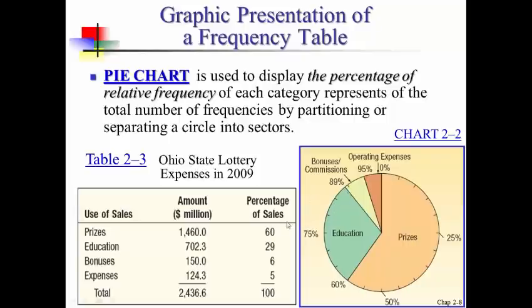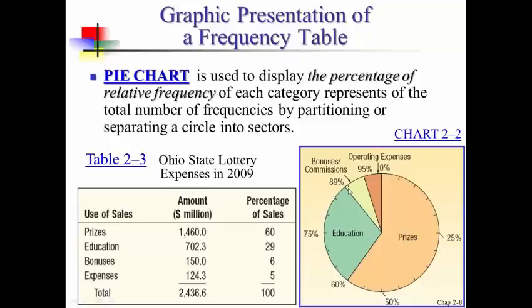But no, we don't get 90, so it's a little bit lower than this one. This is 29. How about the total? 60 plus 29 is 89, not 90.